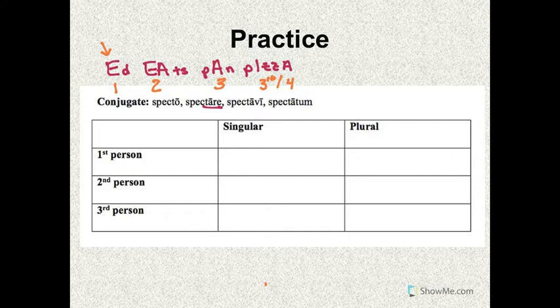So let's go ahead and write our root spect in all 6 blanks. Now let's write our thematic vowel E afterwards.